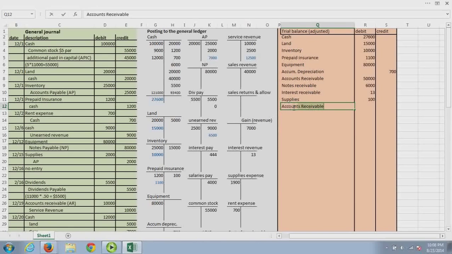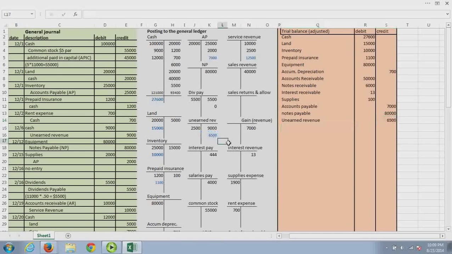Accounts payable, short-term liability, has a credit balance, as we would expect. And then notes payable, 80. You don't need to put dividends payable on since it has a 0 balance. So we can go right on to unearned revenue.